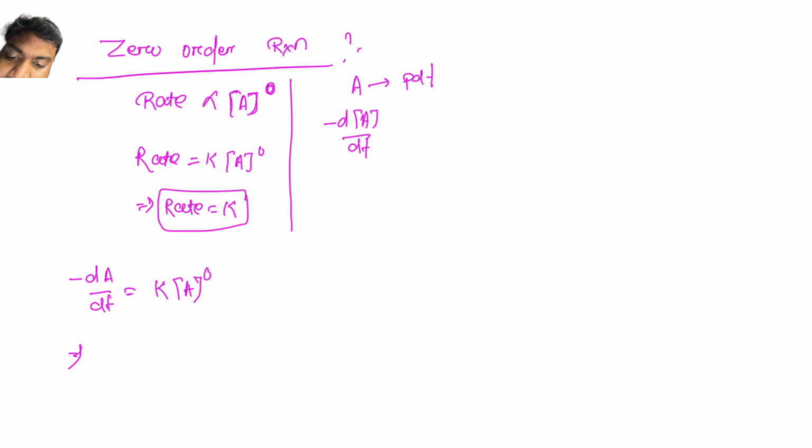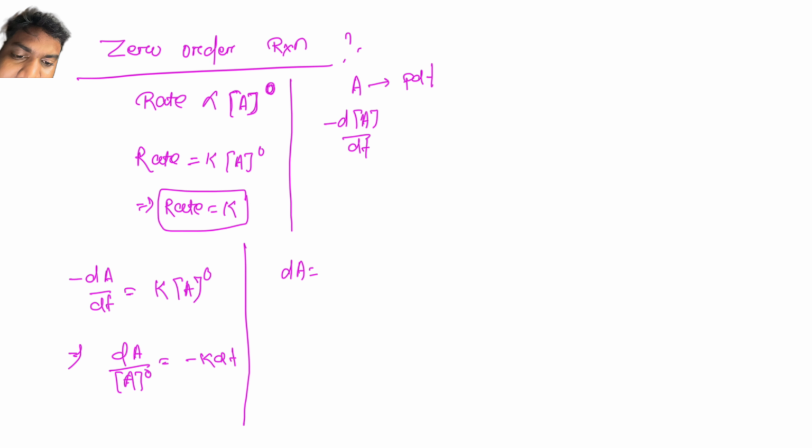So d[A] equals minus k dt. Since A has power 0, it becomes 1, so we are left with d[A] equals minus k dt.